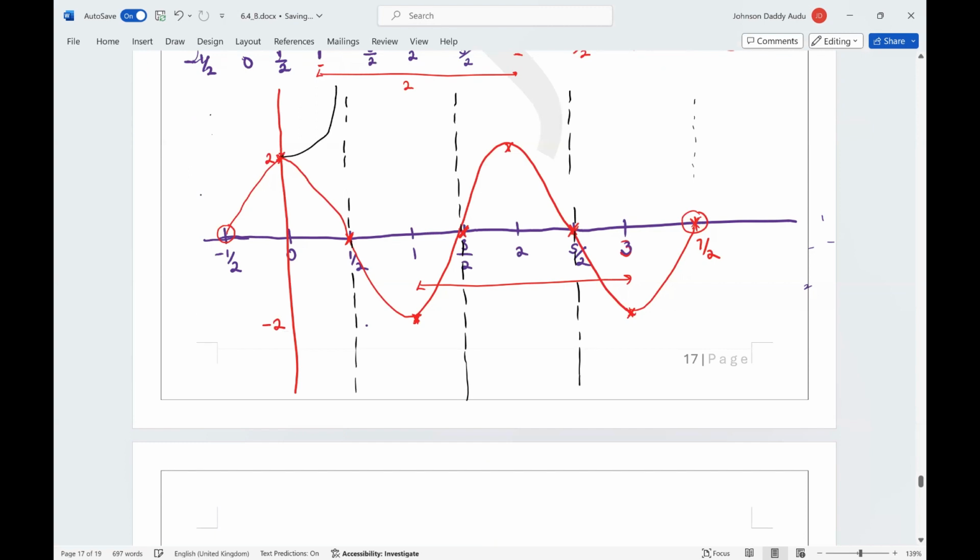So we have this, and then we have this down, and this is going to be up. And here also we're going to have something like this, right? So we're interested in the part that is what? That is below the x-axis, right?